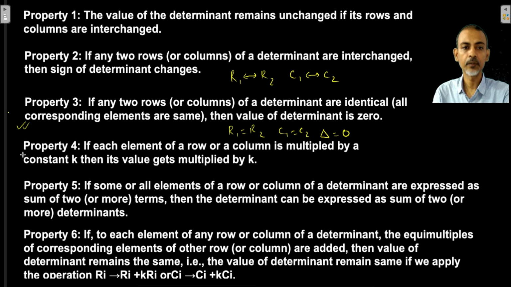The fourth property says that if each element of a row or a column of a determinant is multiplied by a constant k, then its value gets multiplied by k.